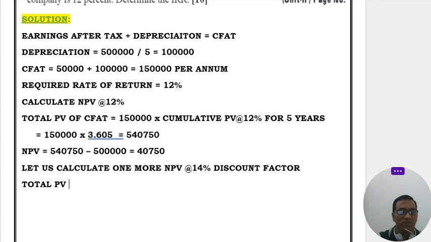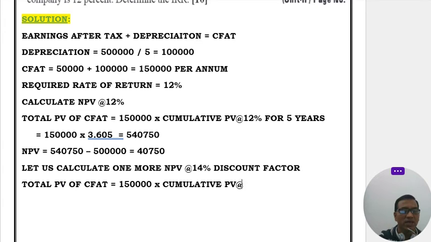Direct total PV of CFAT is equal to annual CFAT, how much per annum? 150,000 multiplied with the cumulative PV, directly I am taking it, at the rate of 14% discount factor. Cumulative at the rate of 14% for 5 years, direct 5 years value I am taking from the annuity table.